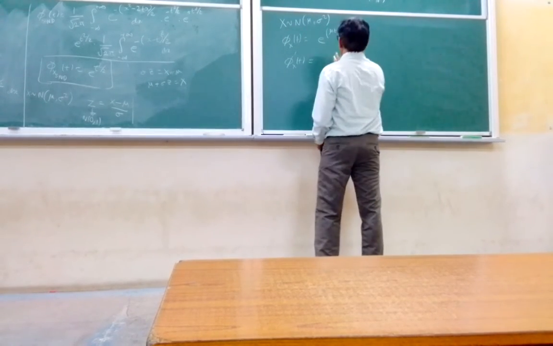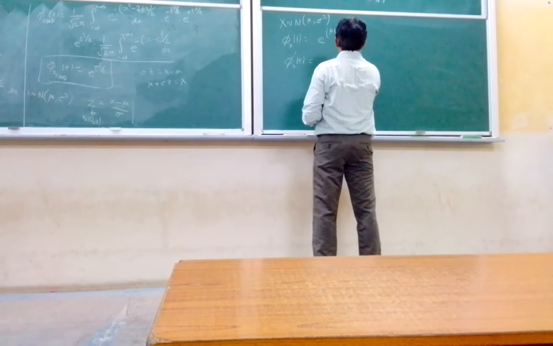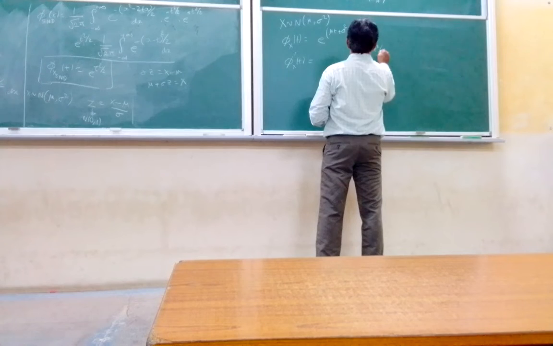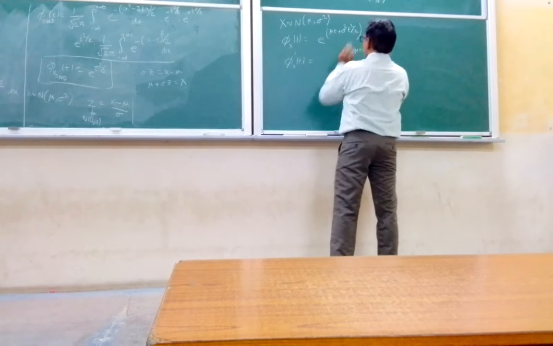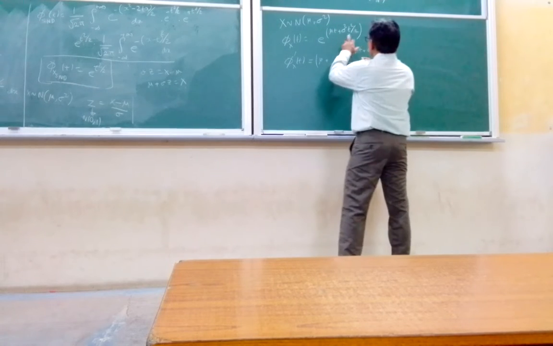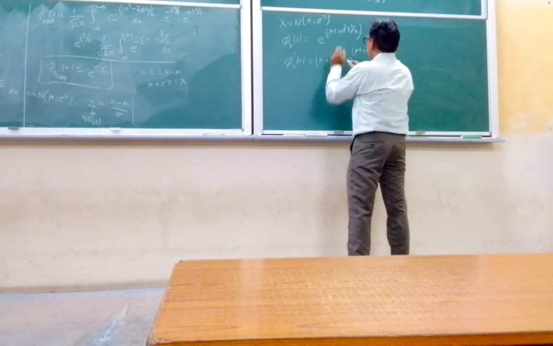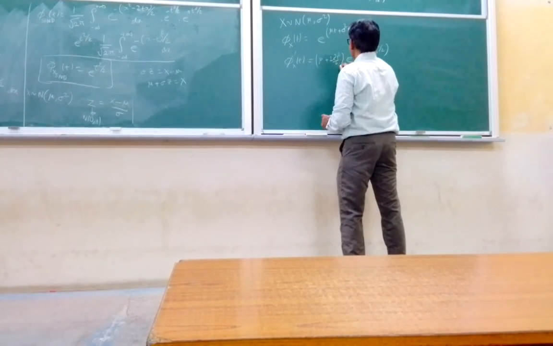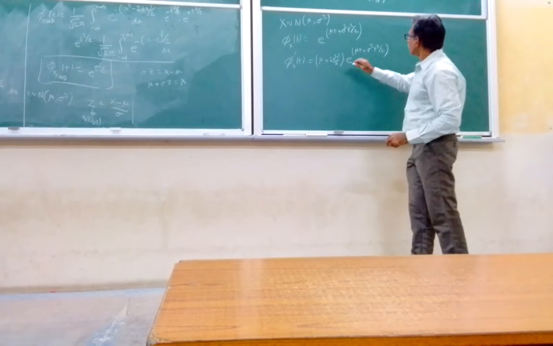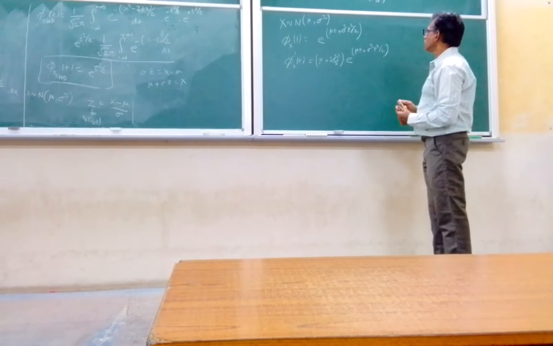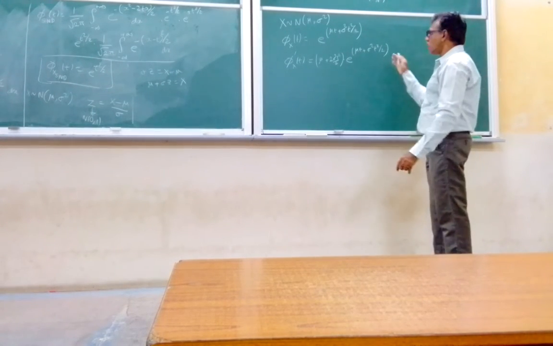So if you differentiate this one, e power of mu t plus sigma squared t squared by 2, into you have to differentiate the exponent with respect to t. So mu will be that plus this one will be 2 sigma squared t by 2. This is what you will do.